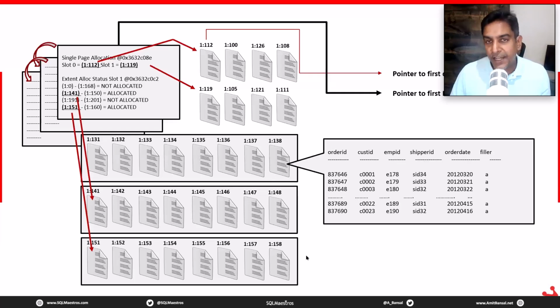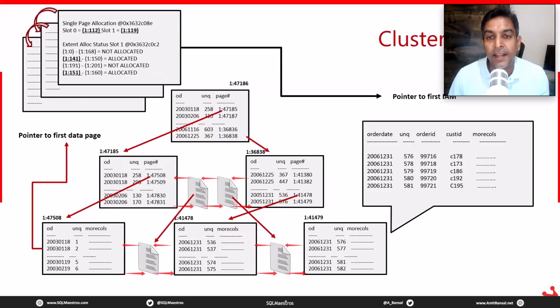Now, what do you do? Generally, in most cases, on a heap you will go ahead and create a clustered index. When you create a clustered index on a heap, it will order the pages based on the clustering key. So let's say you have created a clustered index on order date.